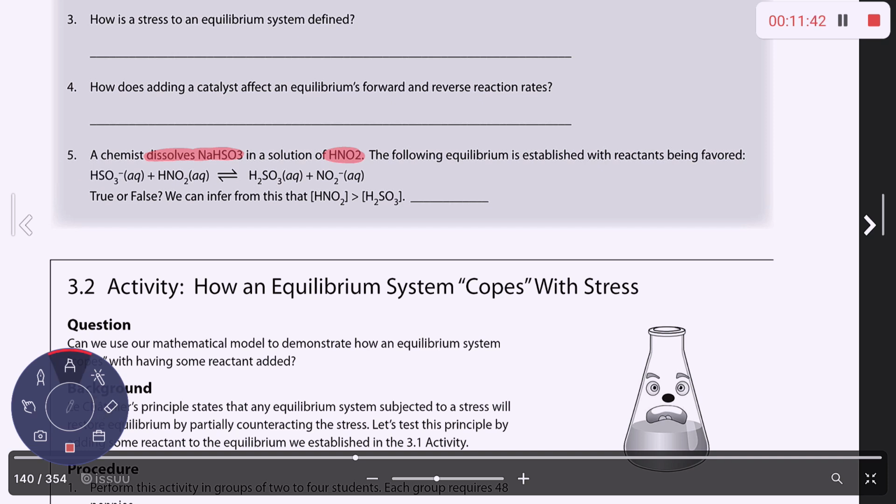The following equilibrium is established with reactants being favored. So that means we're less than 50%. True or false? Can you infer from this information that the nitrous acid concentration is greater than the sulfurous acid concentration? Here they are. Can you deduce that?